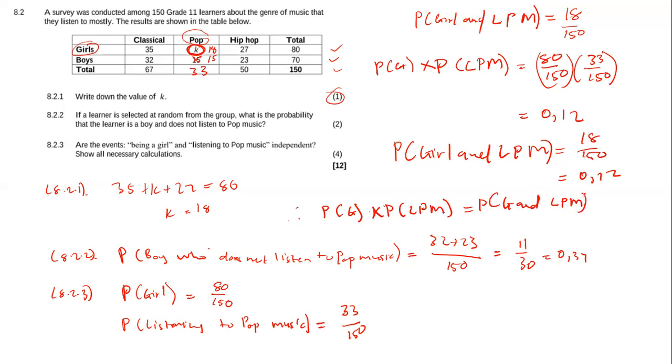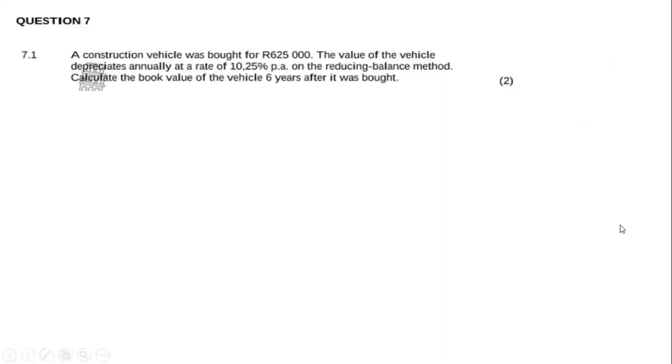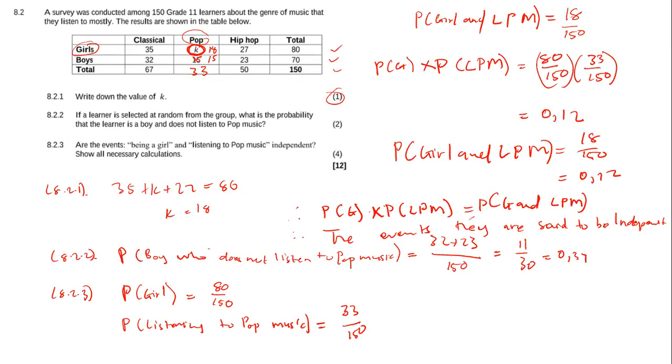Now, for the fact that this is satisfied, this side of the equation is equal to this side of the equation. That means the events are said to be independent.